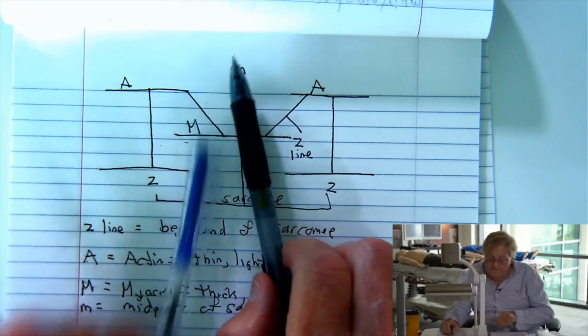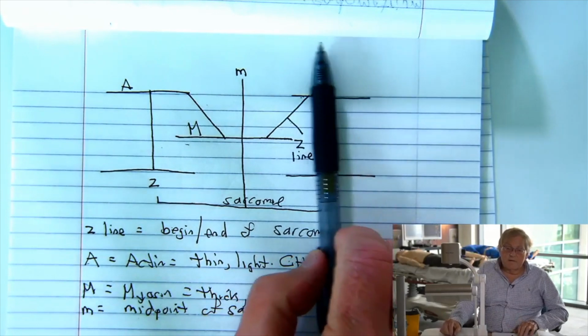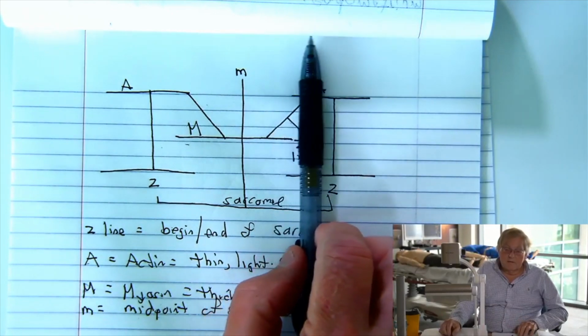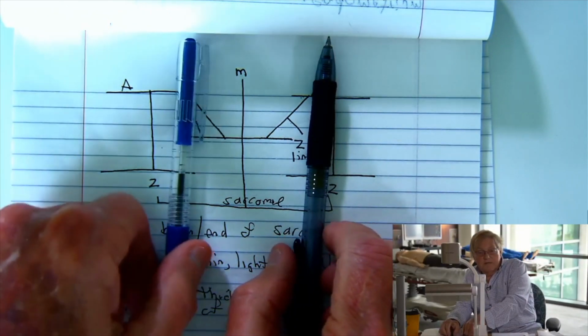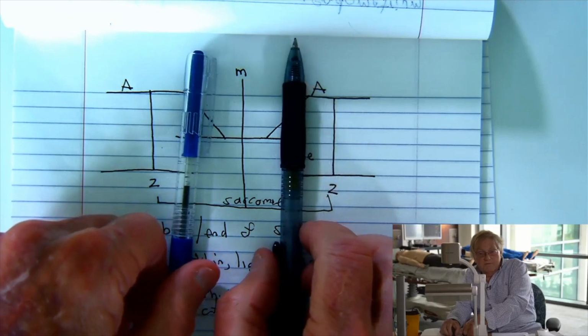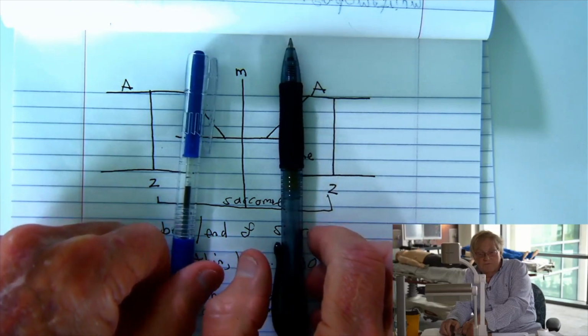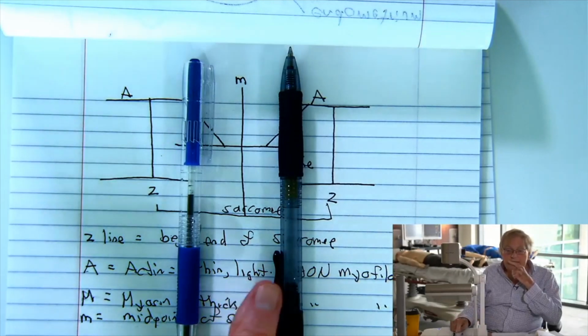Now, there's an area here that if I put this pen right here, and the other pen right here, just so you can think of the big picture. If you notice I have these two pens here, what do you see? I only see what? Myosin. I don't see any actin at all between these two pens.